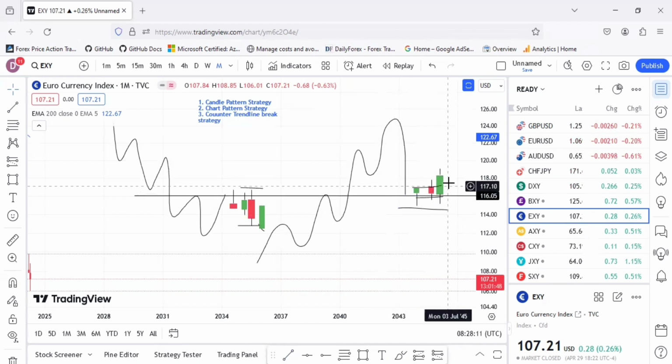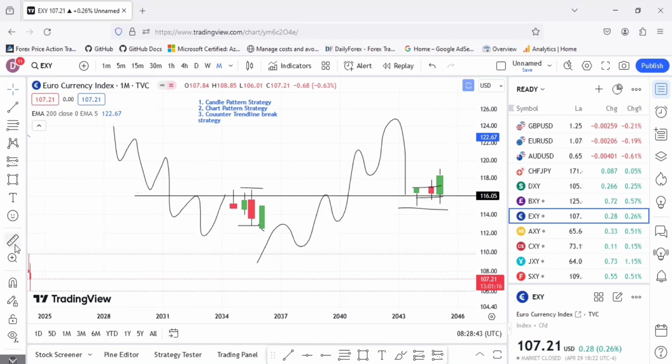So as soon as you see this on your support level, the next thing is you can either wait for a retracement back to the middle of this place, then take your buy, or you buy immediately. The difference between the two, as I explained the other time, is your risk. If you enter immediately as soon as this one closes, you are taking more risk than when you allow it to retrace.